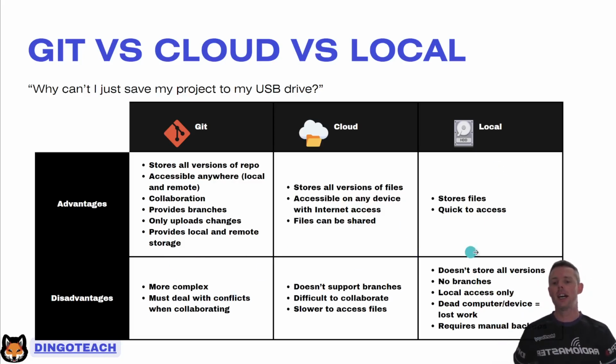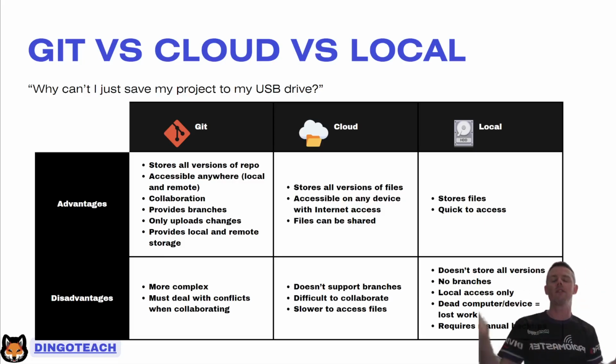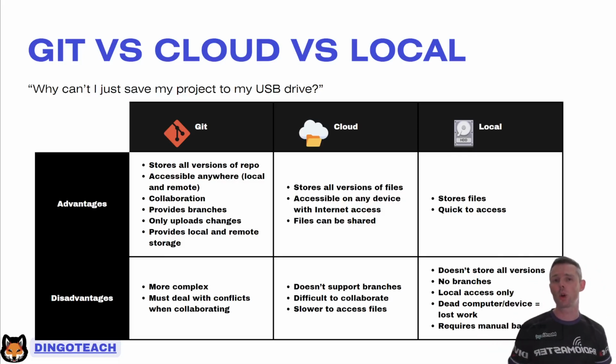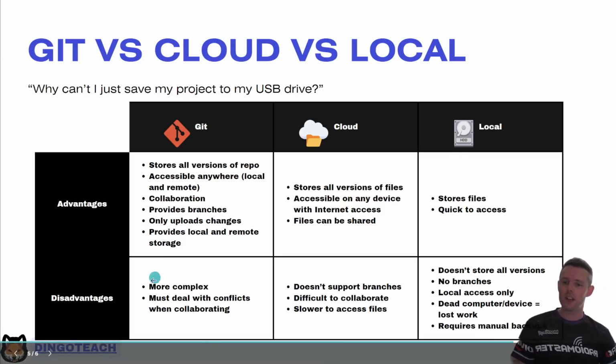The disadvantages are it is much more complex, okay? You have to learn about all these concepts of committing and pushing and pulling. And if you forget to push when you're at school and you go home and you go to pull and you go, I haven't got my local changes, it makes things a bit more complex, unfortunately. And the final thing is you need to deal with the conflicts when you collaborate.